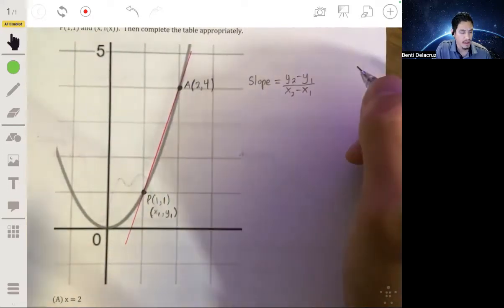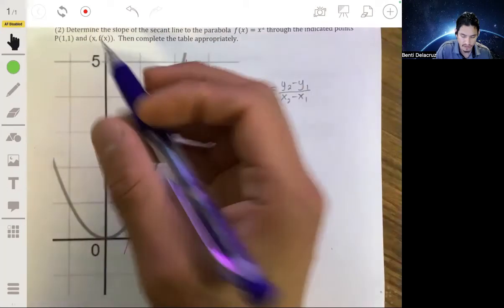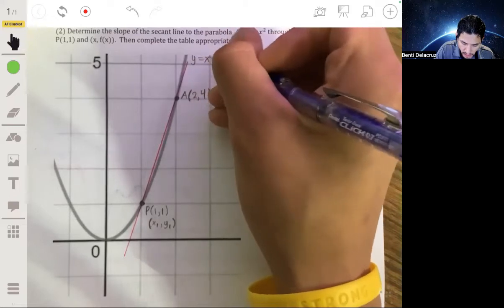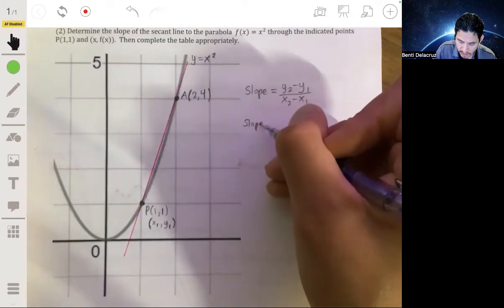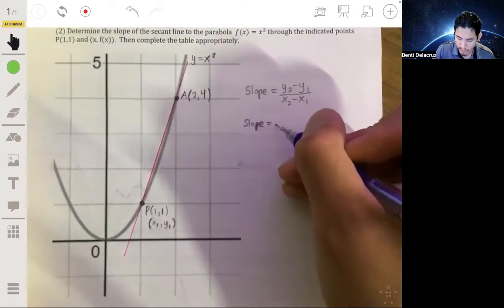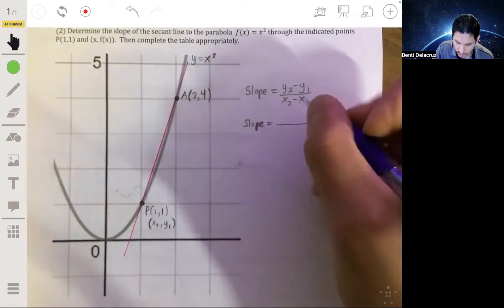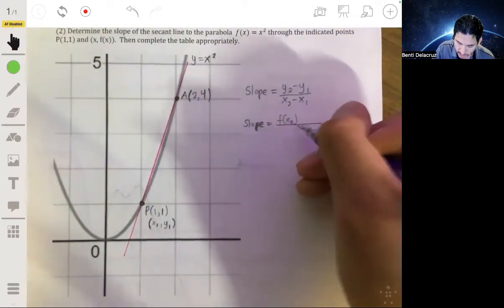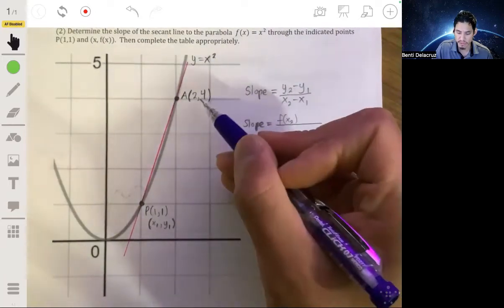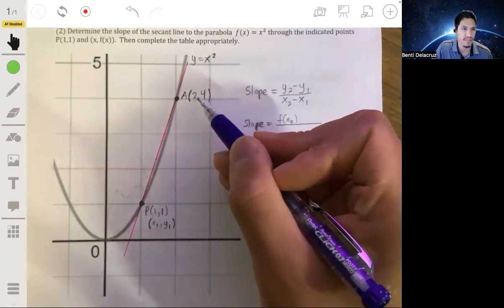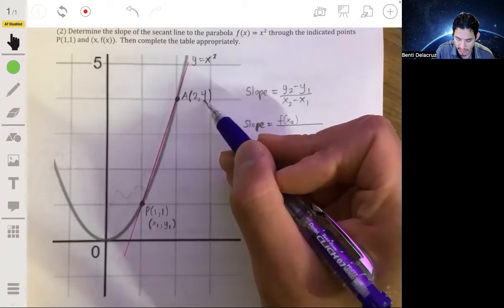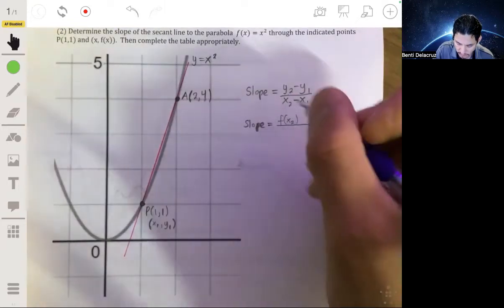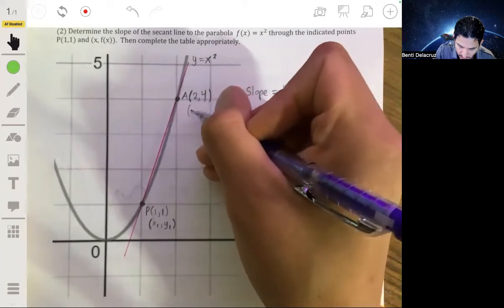Now, since we're trying to figure out the values that lie on this function, y equals x squared, we would also look at this as the slope being equal to f of x2, because the y value we get for y2 is when we plug in x2. This one is pretty simple because when you plug in 2 into x squared, right away it's 4, so 2, 4. But we can represent this as f of x2.